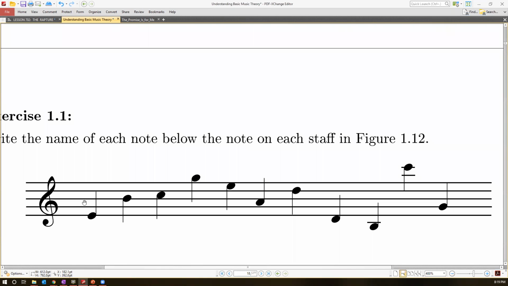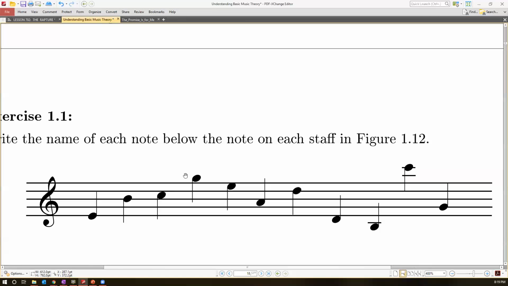We can ignore all this, but we need to understand what clef we're dealing with to say this is a letter, this is a letter, because the symbols and the letters are different for a treble clef and a bass clef. We're dealing with the treble clef here. If we don't have any clef and we have notes, we're not going to be sure. It can mean anything.